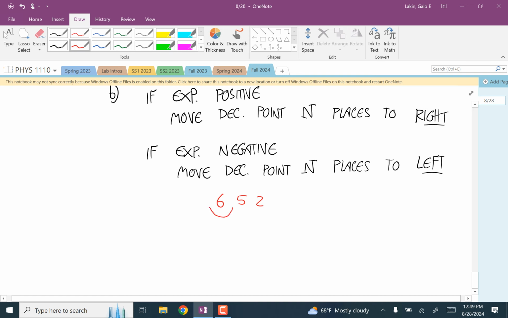So that's 1, 2, 3, 4. You can think of like zeros going on forever in both directions. And so our answer is going to be 0.000652. Okay.